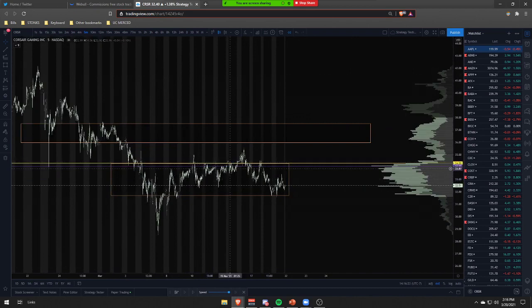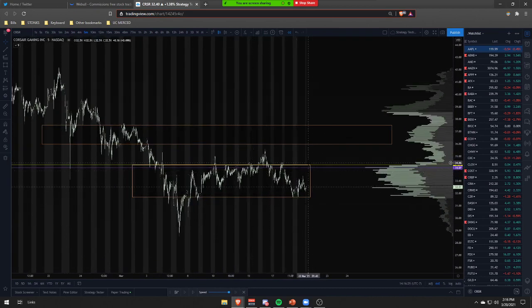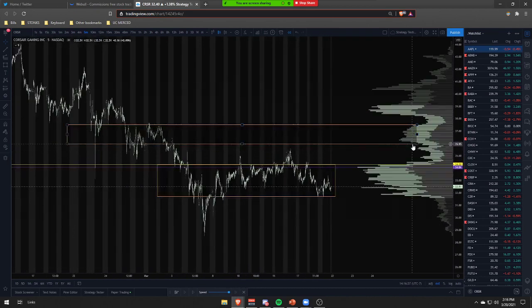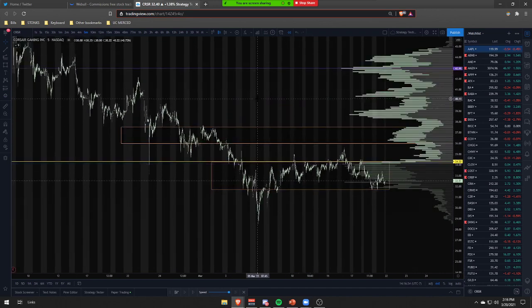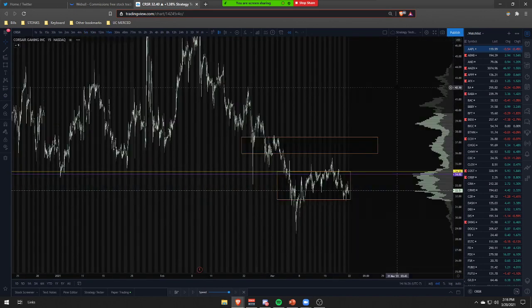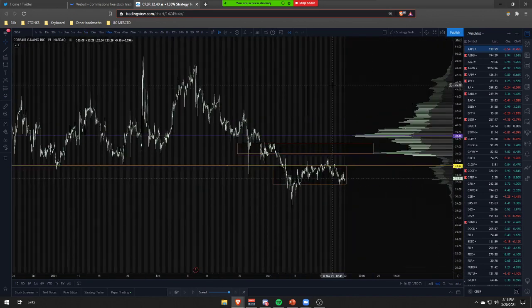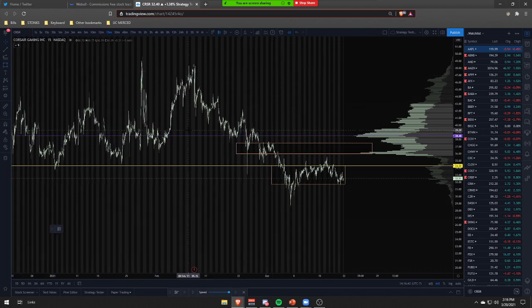So a break on this range box, if it breaks to the upside, I'm looking at either the 36 all the way to the 38 intraday. If you're doing swings, you still want to go further out. We have another PT right here.